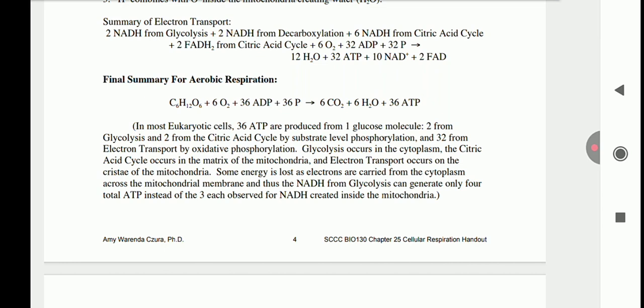Glycolysis occurs in the cytoplasm, the citric acid cycle occurs in the matrix of the mitochondria, and electron transport occurs on the cristae of the mitochondria. Some energy is lost as electrons are carried from the cytoplasm across the mitochondrial membranes, and thus NADH from glycolysis can generate only 4 total ATP instead of the 3 each observed for NADH created inside the mitochondria.